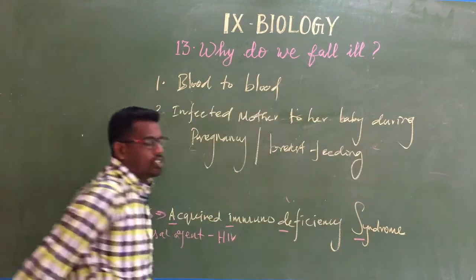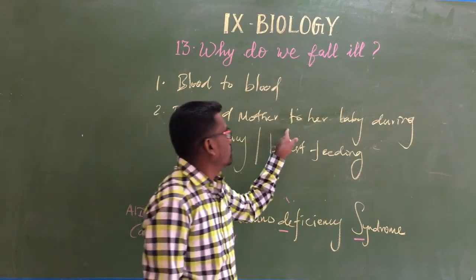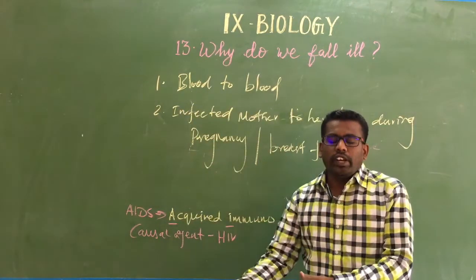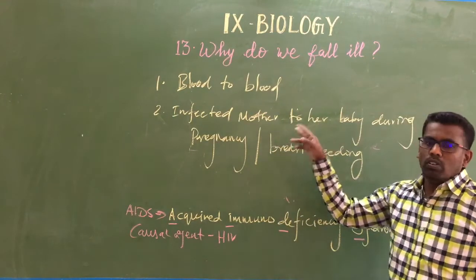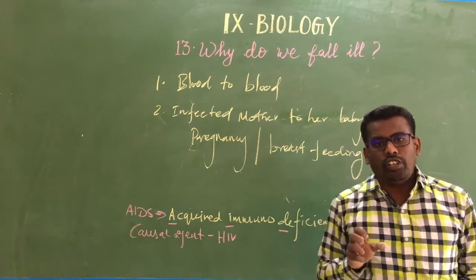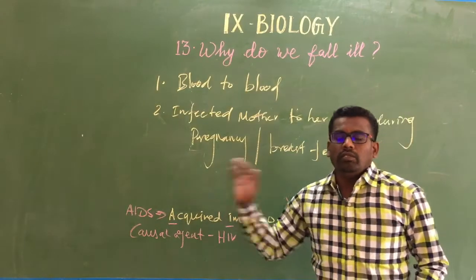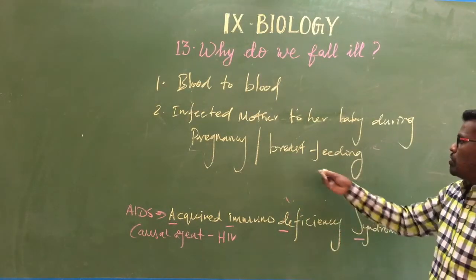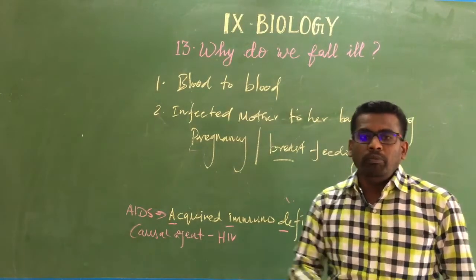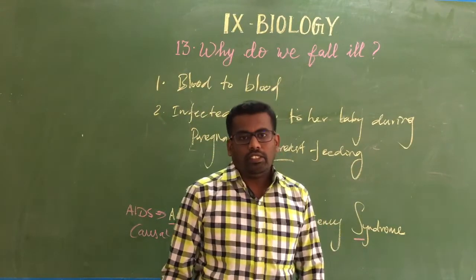If a pregnant woman has HIV, when she delivers the baby, the baby may also have the disease. Or when she breastfeeds her baby, there is a possibility of transmitting AIDS through the breast milk.